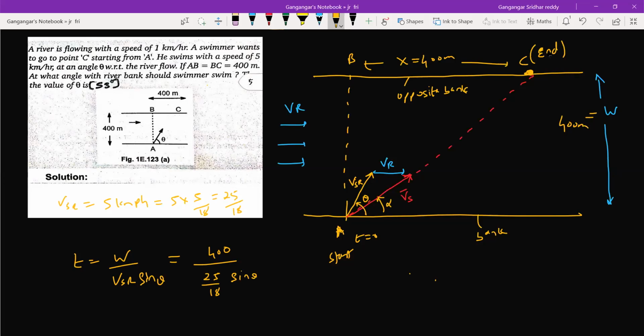We don't know this value. 400 by 25, anybody? 16, sir. 18 into 16 will get it, no? Okay, I'll do one thing: in the end, I'll substitute here. Let it be this one. What is the expression for drift? Drift should be equal to, in this case, what should you write? VSR cos theta plus VR, no?